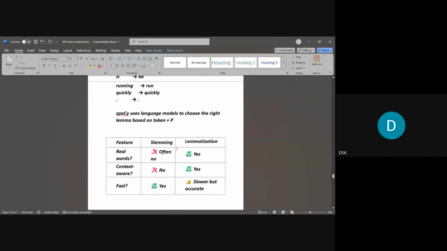So basically, in stemming the real words are not used, but in lemmatization the real words are used. Stemming is not context aware, but lemmatization is context aware. On the other hand, stemming is fast, while lemmatization is slow, but it is more accurate than stemming.